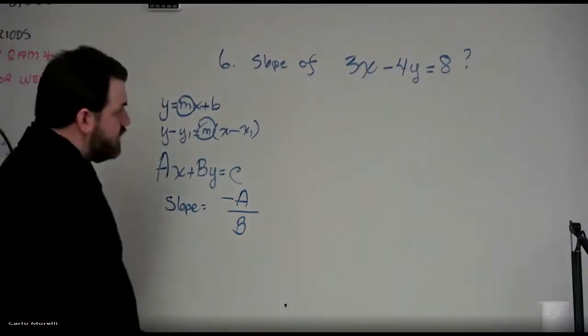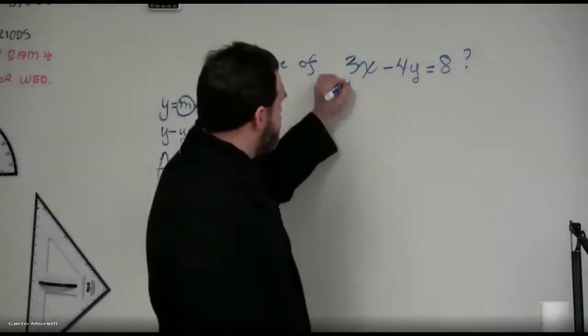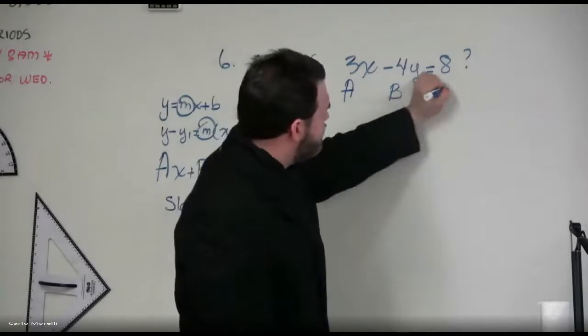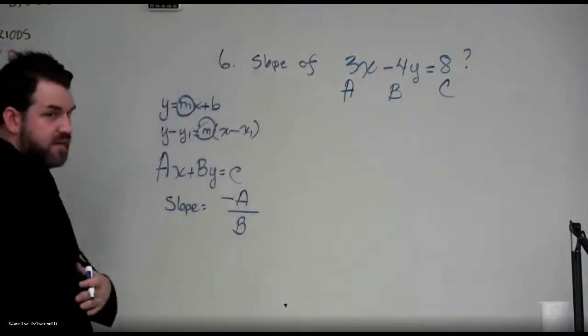So what you need to do in these problems is identify what a, b, and c are. Well, this is a, this is b, and this is c. So a is 3, b is -4, and c is 8.